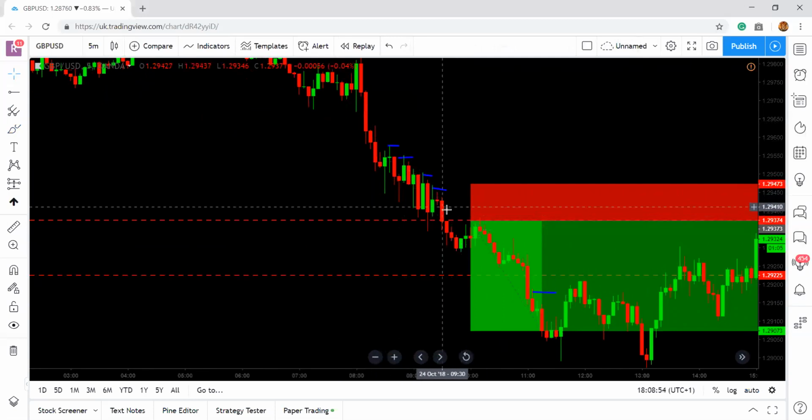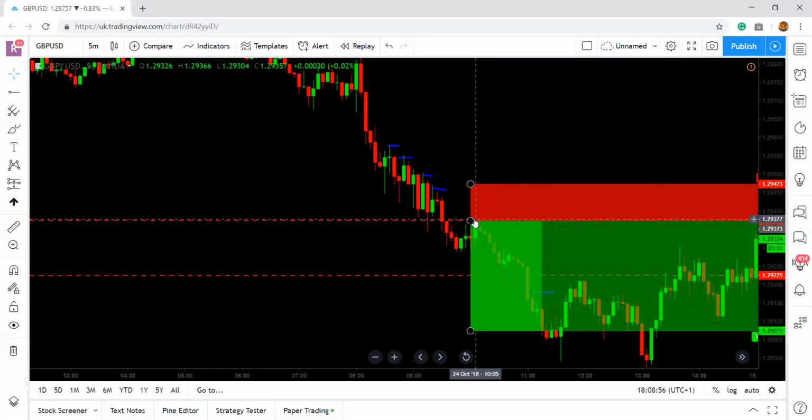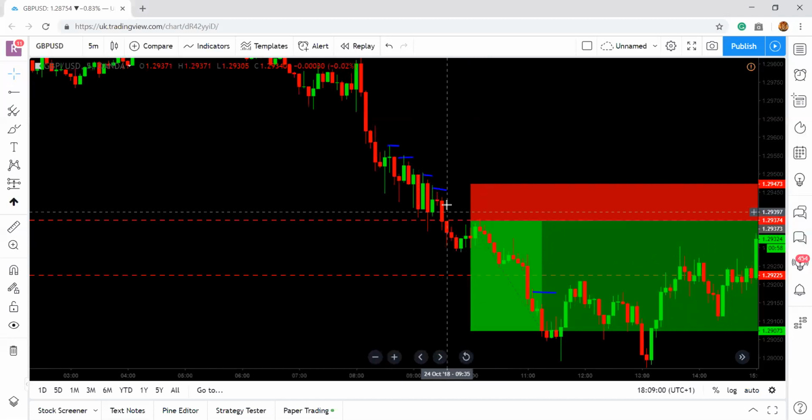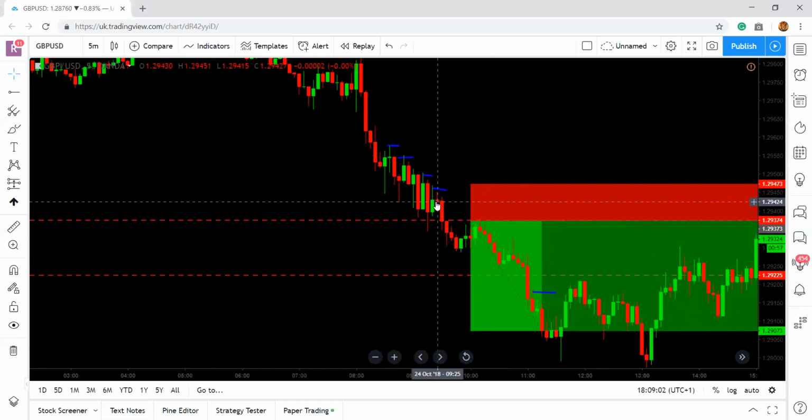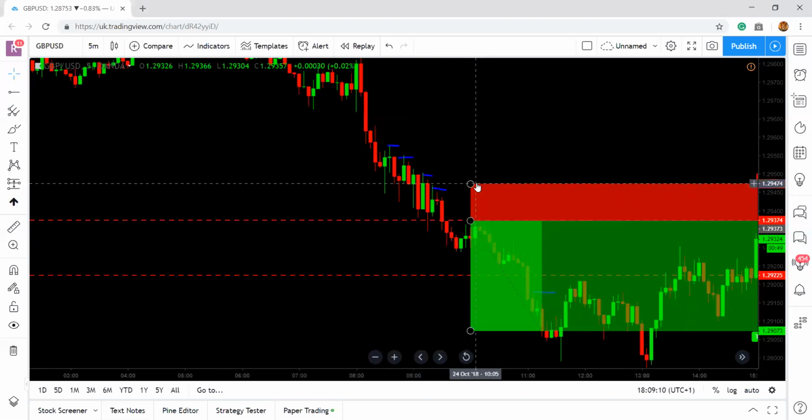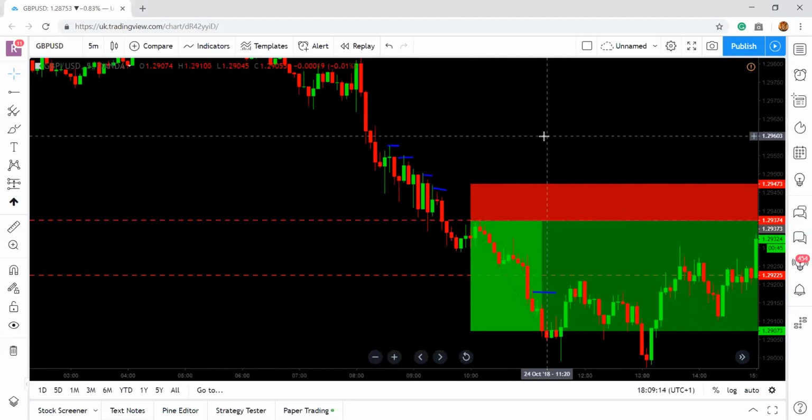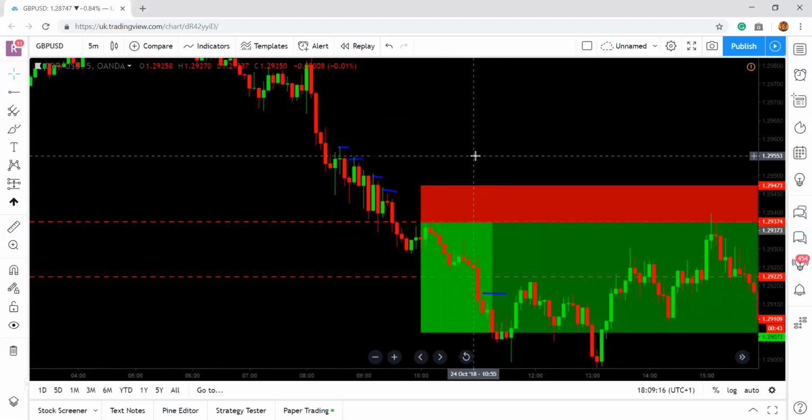So what I did, I set my sell stop at this structure level here at 29.37, and when I saw this inside bar, which is an indecision candle, I gathered that we should push down. When, I don't know, but we should, as long as price didn't break my 10-pip stop loss, so these highs here, and start making new higher highs, then I anticipate we're going to push down.